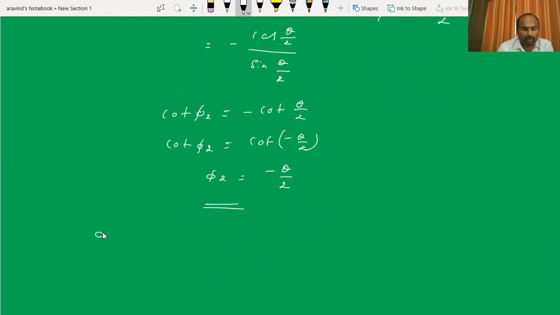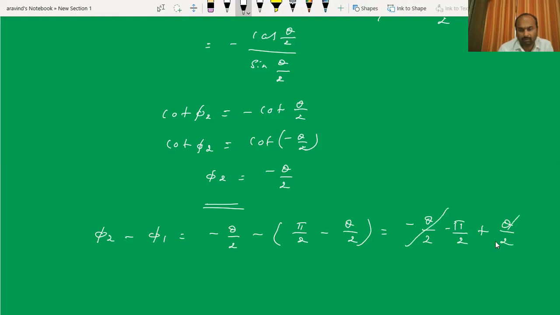So now I will take the difference, that is phi 2 minus phi 1. What is phi 2? Minus theta by 2, minus of phi 1. Phi 1 is pi by 2 minus theta by 2. So minus theta by 2 minus pi by 2 plus theta by 2.